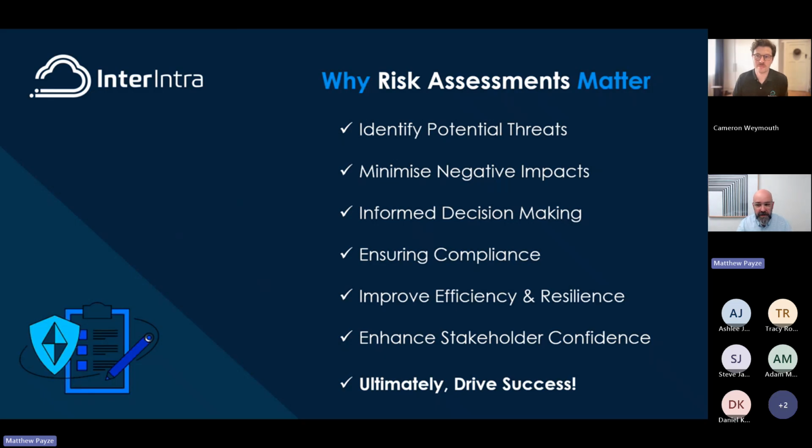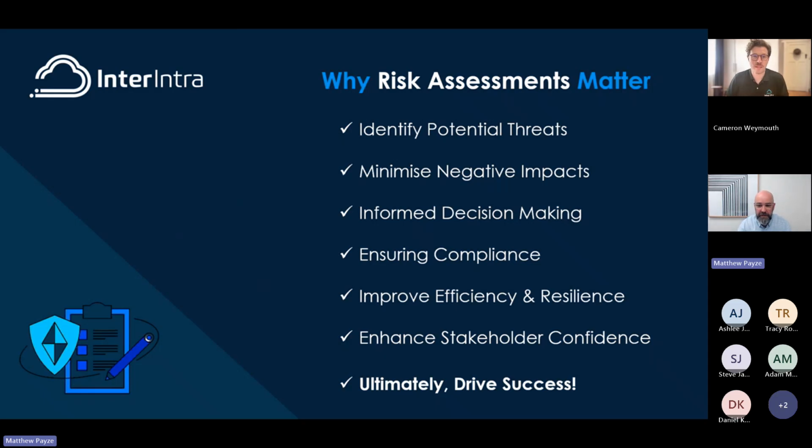Having a clear understanding of risks enables us to make more informed decision making with regards to strategic planning and resource allocation. So, we may find through analysis that prioritising a security investment or contingency planning is higher on the list. Ensuring compliance, that goes without saying.